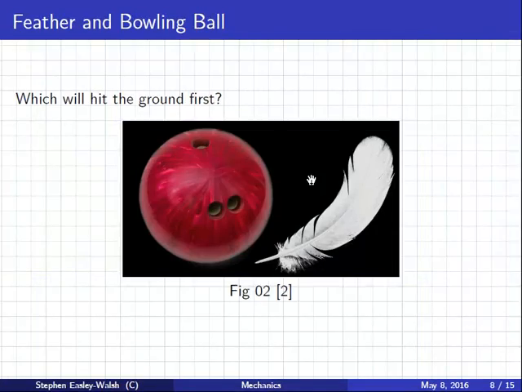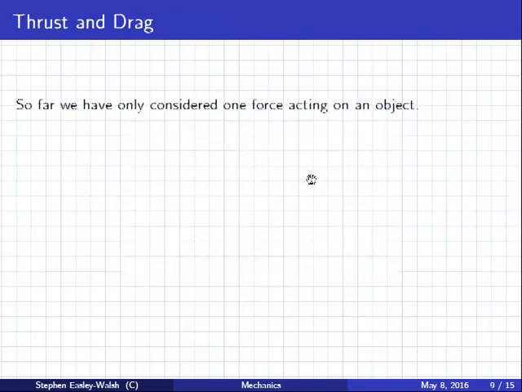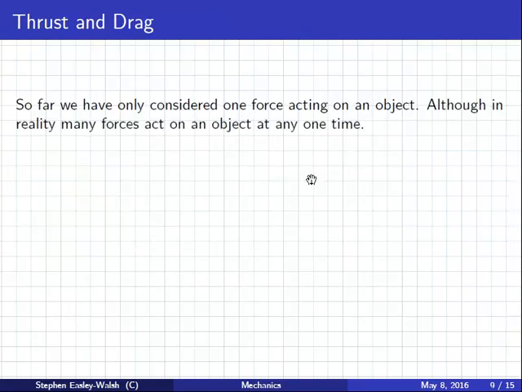Now, you called it air resistance. That's true. There's another, more general term. Not thrust. Thrust is going forwards. We want the one that's going backwards. A bit more general than that. Yeah, friction. We call it drag.